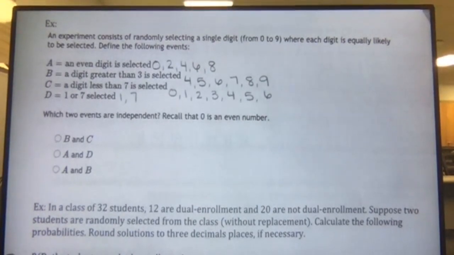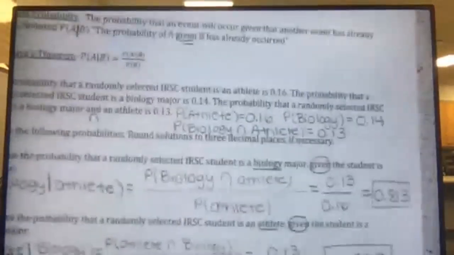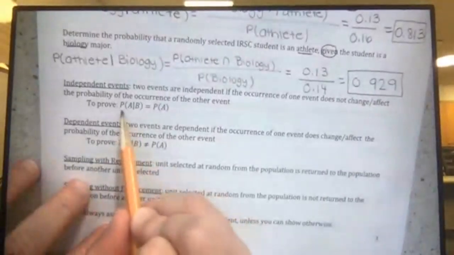All right, so it asks us which two events are independent. So remember, going back to prove independence, here's what we have to do.